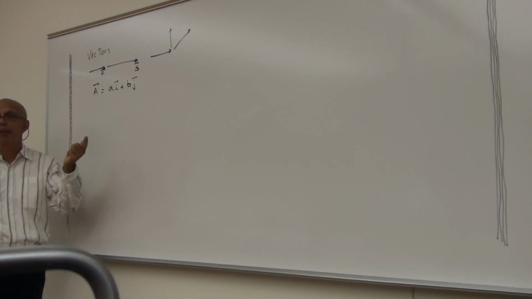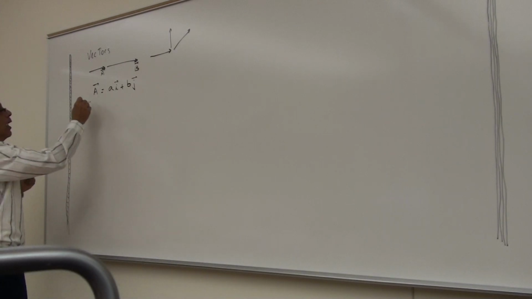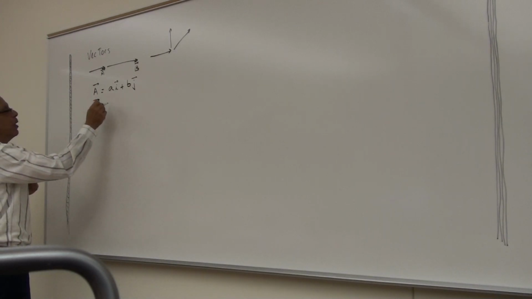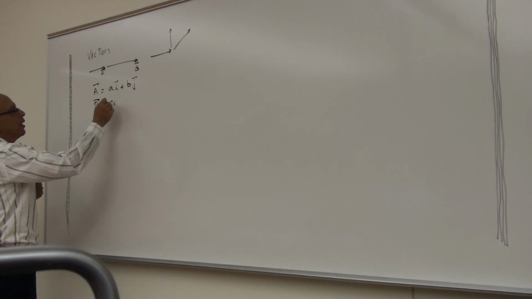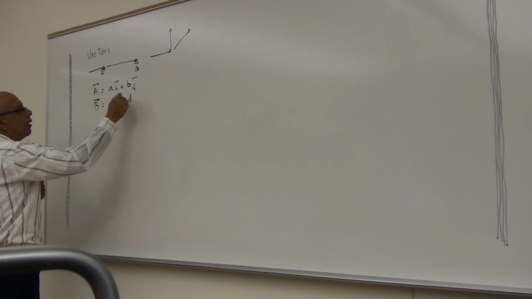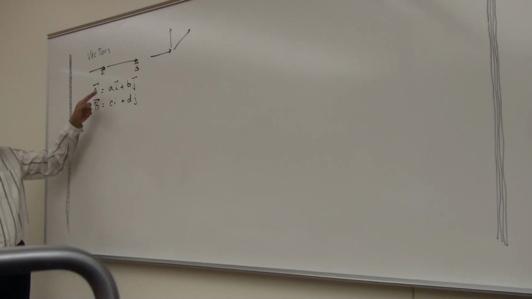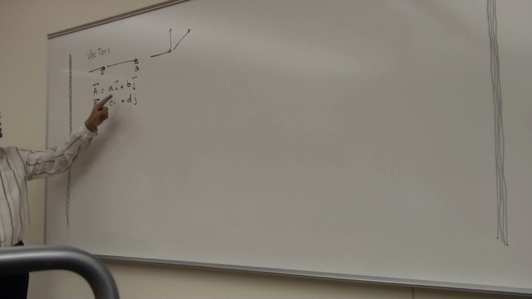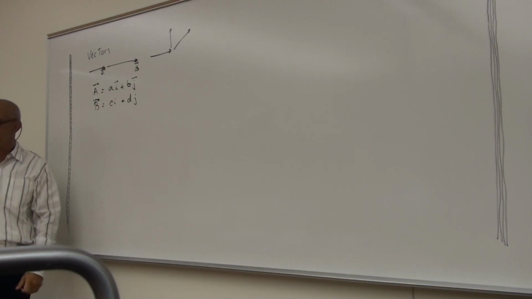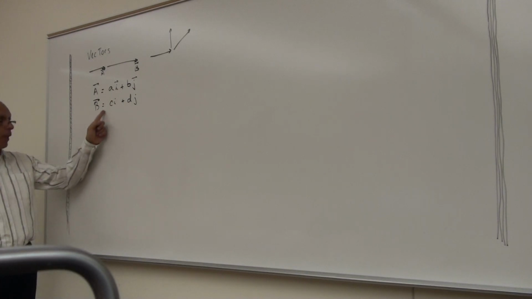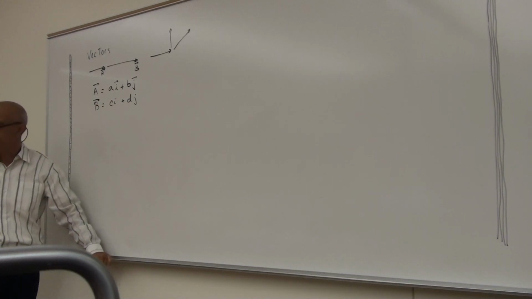You guys remember that, right? So then I can have a vector B here, with Ci and maybe Dj. And how do I add them? Well, I just add A and C, B and D. If I want to subtract, I just subtract them.